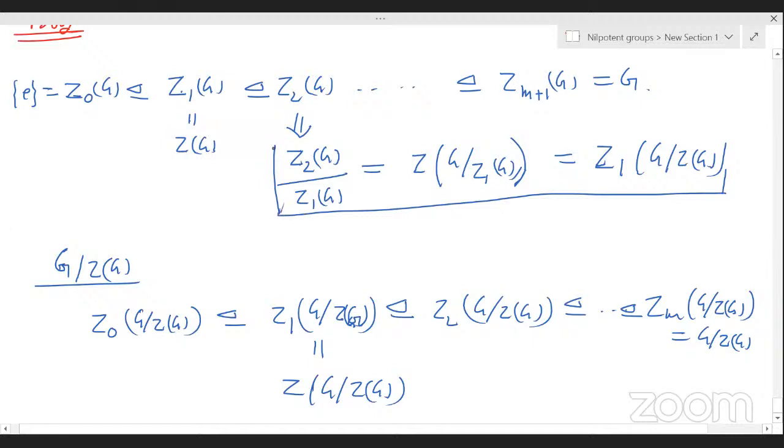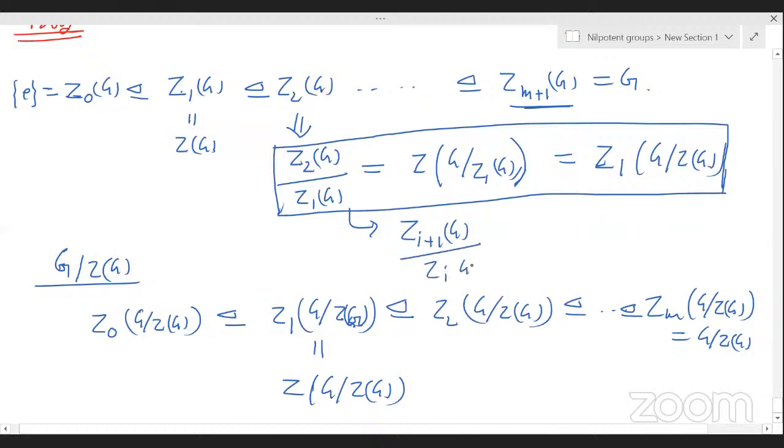It is clear from the definition. And what we have to show is that Zm plus 1 G is equal to G. Okay, so from here we can guess one formula, whether it is true or not, we will verify. But as you can see, Z2G by Z1G. So if I write it as Zi plus 1 G upon ZiG, then it seems that it may be equal to Zi of G by Z.